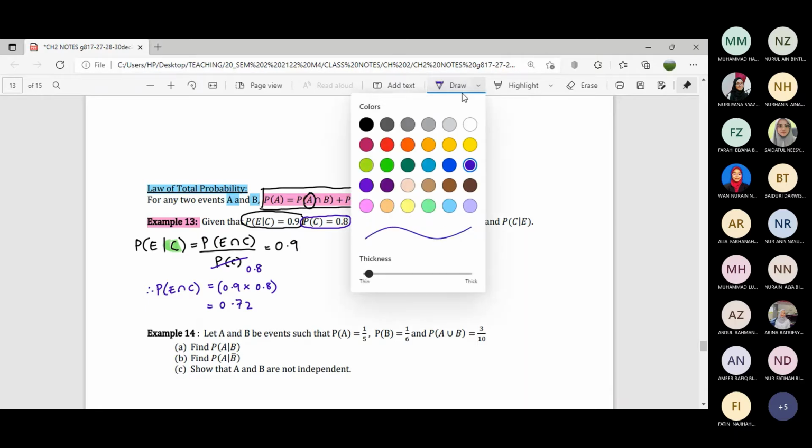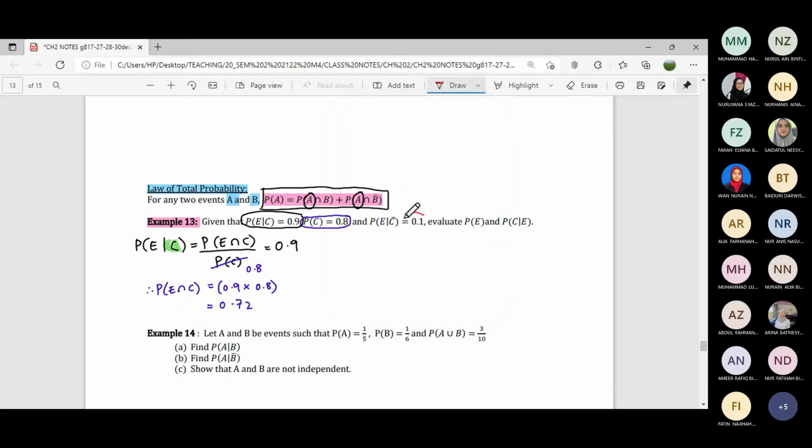And the third information, tengok kat sini, P(E given C bar) equals to 0.1. Yang ni maksudnya P(E and C bar), what is the first event? First event ni yang belakang ni C bar.